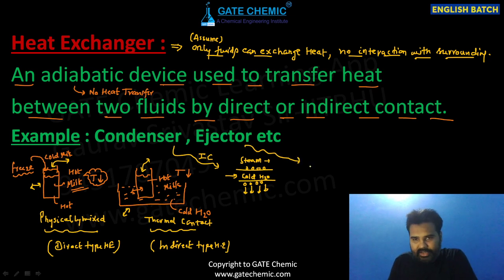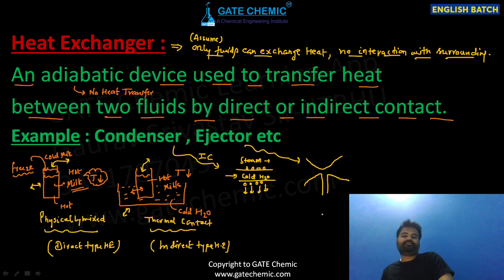Like ejector. What is ejector, beta? See, this is a typical diagram, the simplest diagram of an ejector. Suppose from this side, cold fluid is flowing, and here some hot fluid is present. Now, due to decrease in area, velocity will increase.